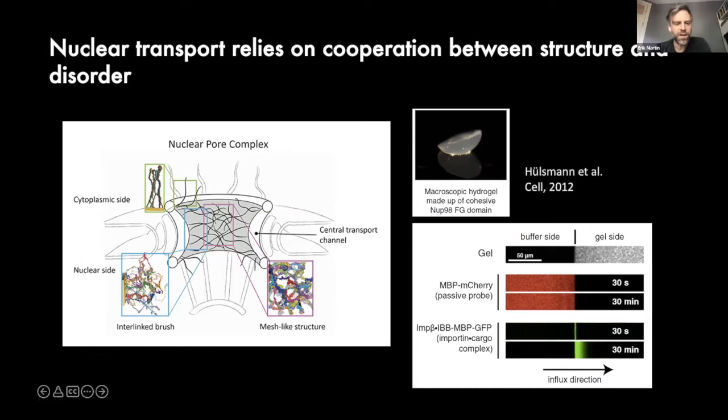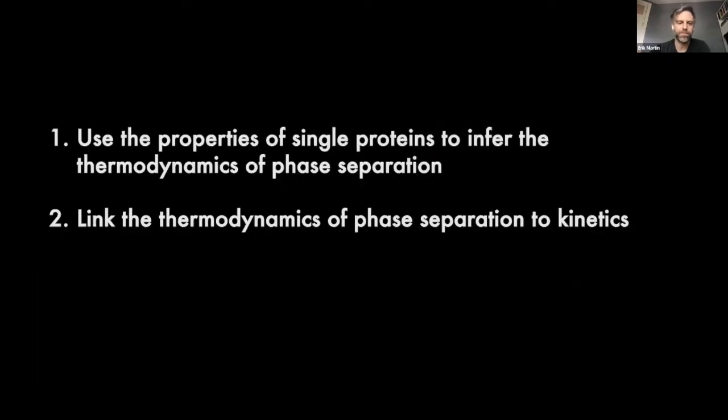The reason why I think this particular system is of interest to us is that it's been reconstituted in vitro using very minimal systems. Here, a gel has just been made using one protein, NUP98, which is one of these phenylalanine glycine rich proteins. And what's really fascinating is you can see that the selectivity of the nuclear pore is more or less recapitulated just with these minimal one component systems. So it highlights the fact that a lot can be learned by looking at reduced systems and understanding the physics there.